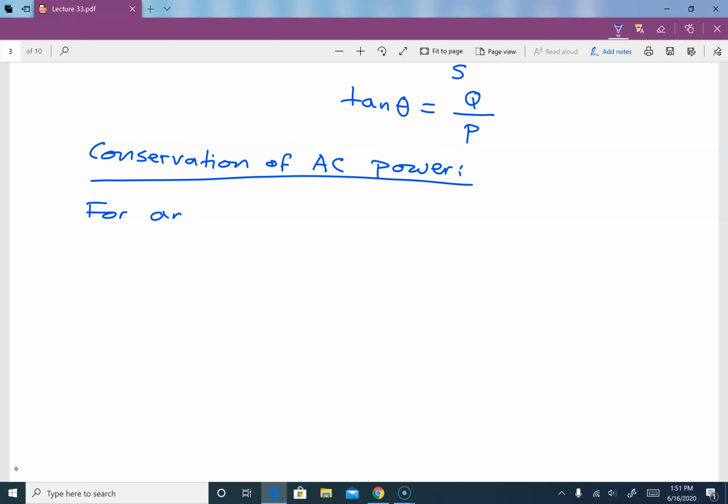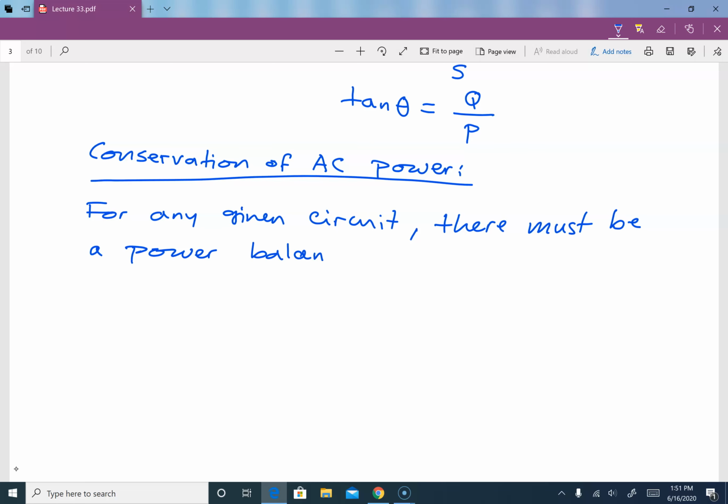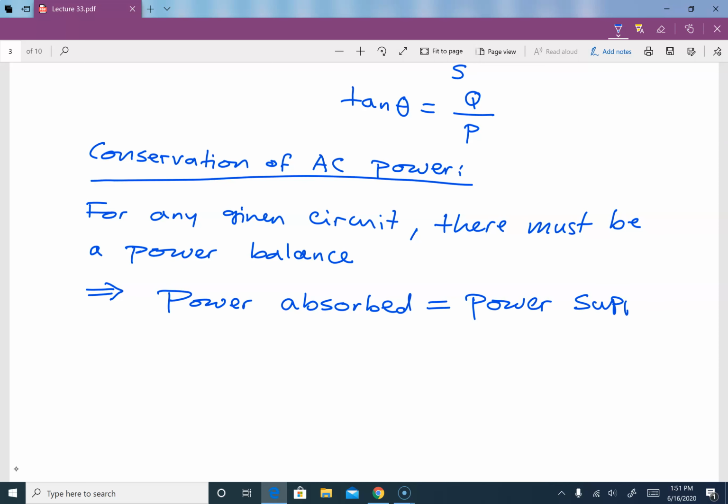So, conservation of AC power. For any given circuit there must be a power balance. That is, power absorbed is equal to power supplied, like in a DC circuit.